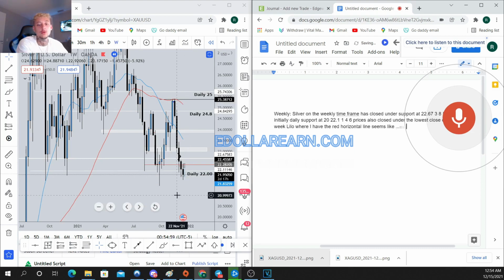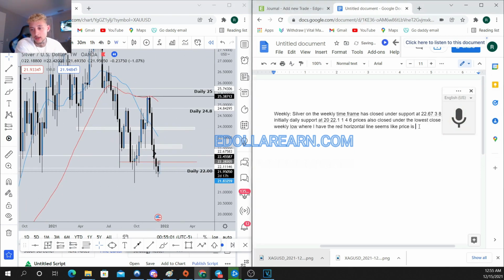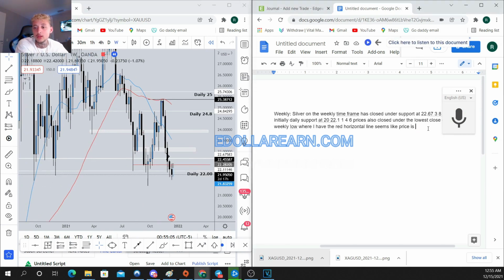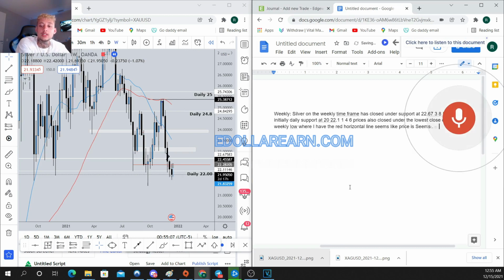Seems like price is going to be forming, and this is where you actually got to stay on the Google Translate here. So I'm going to continue. Seems like price is going to be continuing with the bearish momentum, and price also did reject the 51 SMA on the weekly time frame.